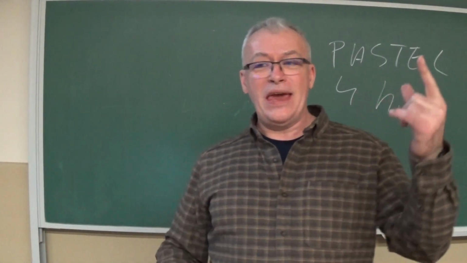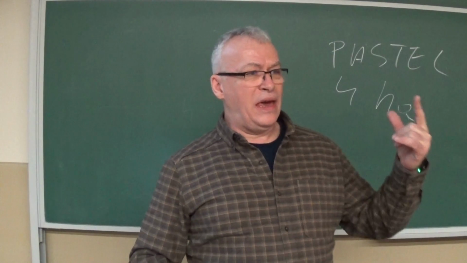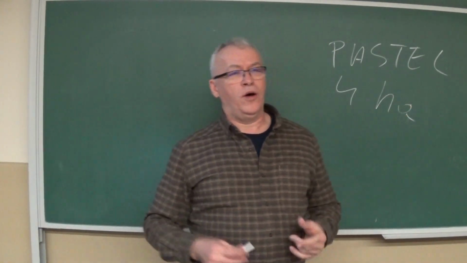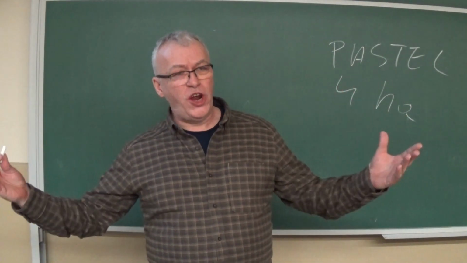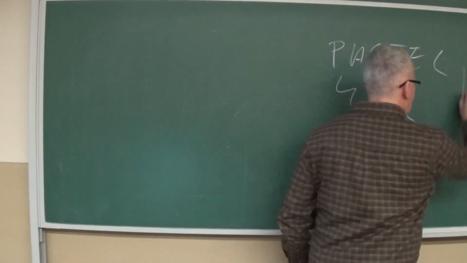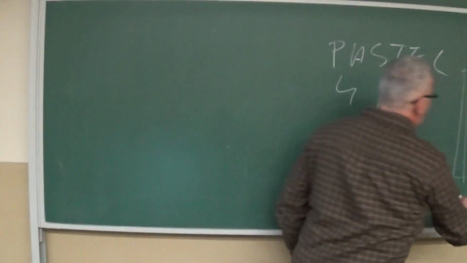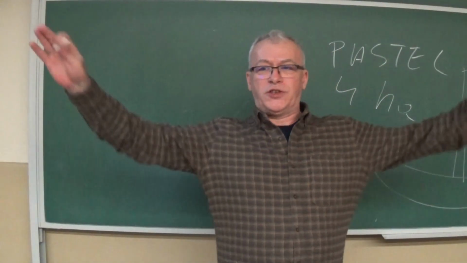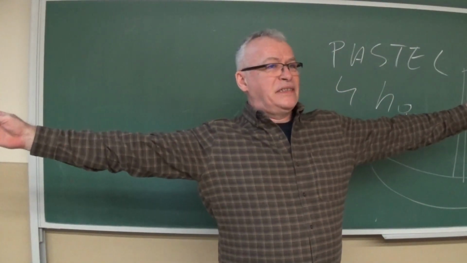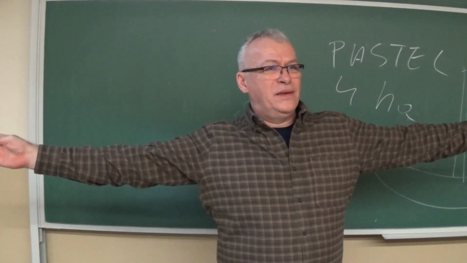And the key element of the making of the sailing ship is the mast, because the size of the mast determines the surface of the sails. It's easy to understand.